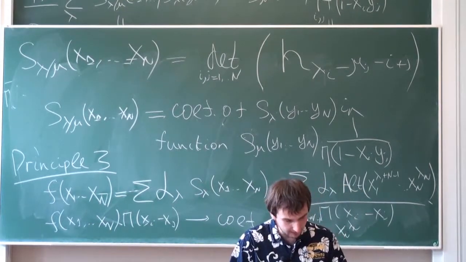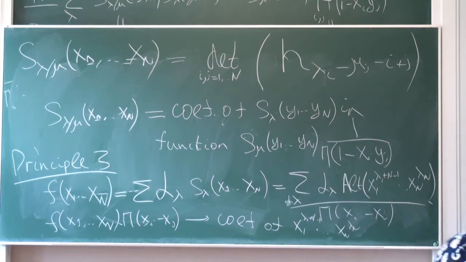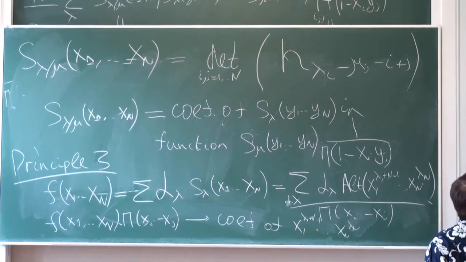Okay, now we need the next identity, which is the following. The skew-Schur polynomial.